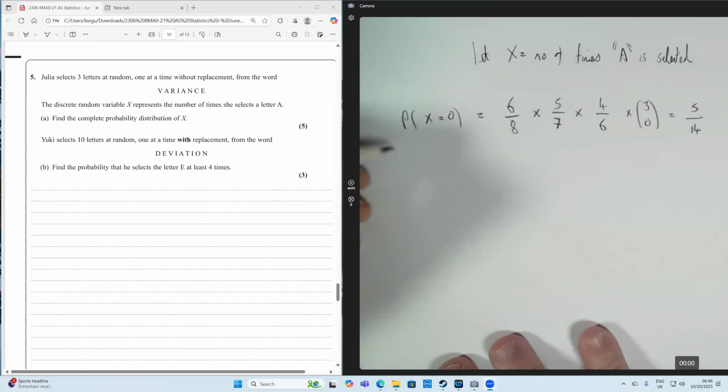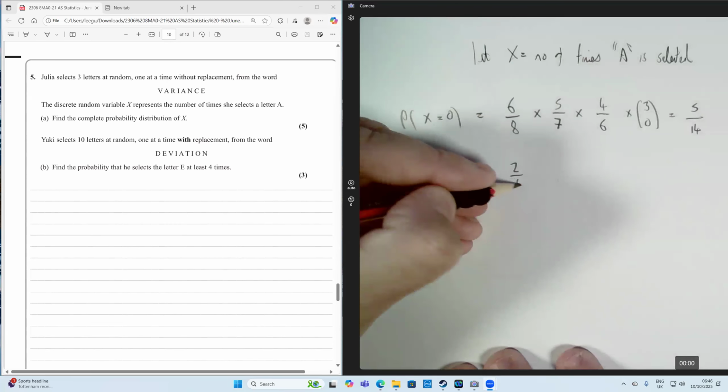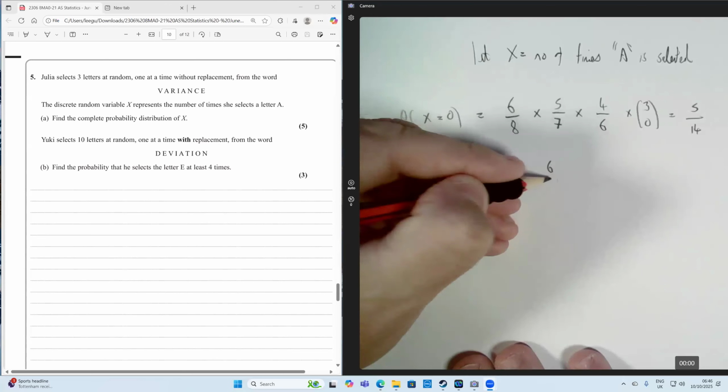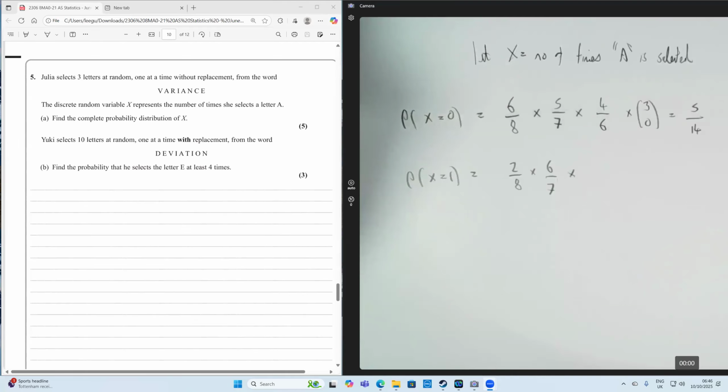Now, the probability that Julia selects 1. Let's imagine Julia selected an A the first time. So that is 2/8. Then she does not select one, which is going to be 6/7, because there are 6 letters that do not have an A remaining.